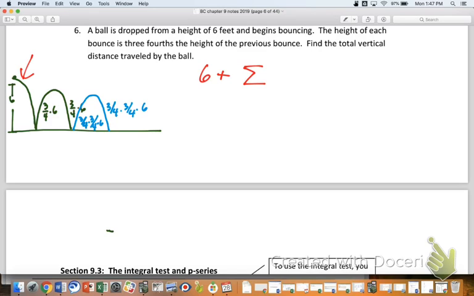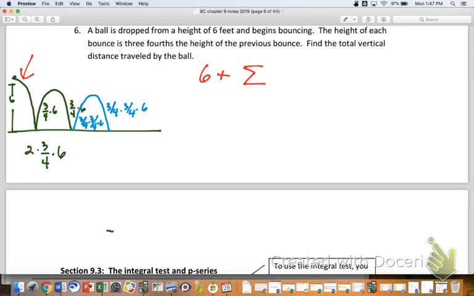So the first one is 3/4 times 6, 2 of them, right? So I'm thinking here, this is really 2 times 3/4 of 6. Actually, let me do a better job of color coding this. So this is going to be 2 times 3/4 of 6.